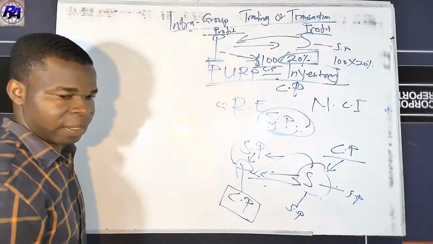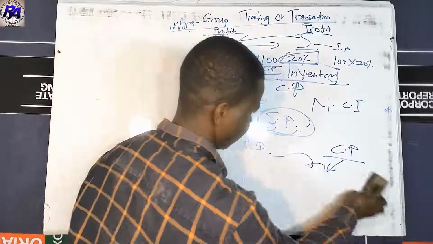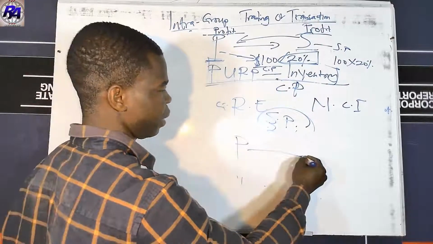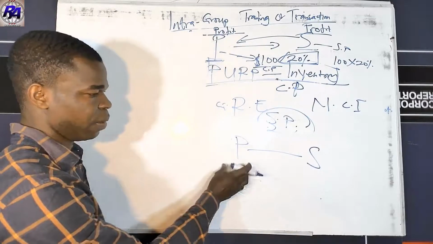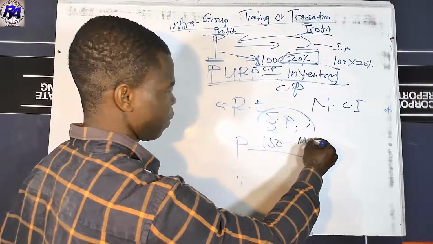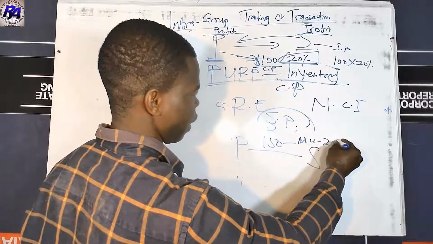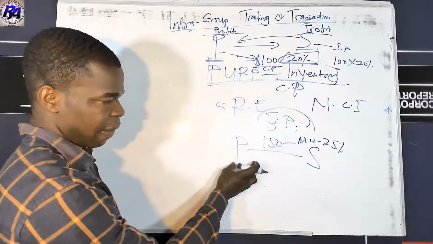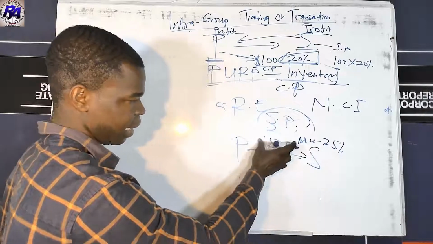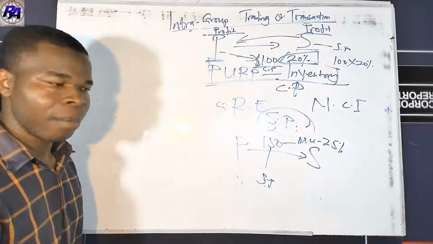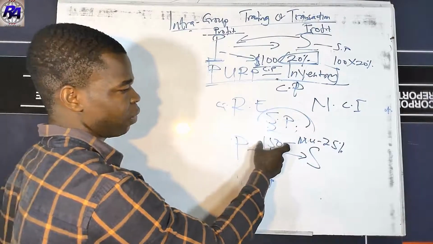The whole thing will be a different issue if, for instance, let's assume P sells to X. So P is the one making the profit, let's say 150 with a markup of 25%. Now we were told that this costs P, but P is the one selling to X. So this value here is a selling price, and therefore we have to determine the unrealized profit.